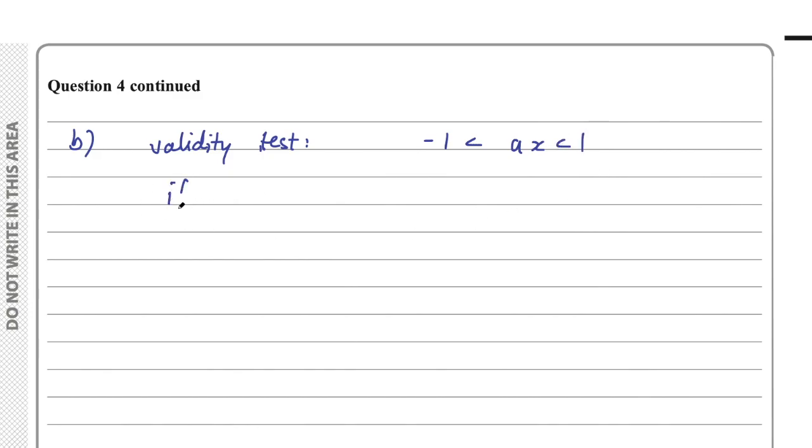So if x equals -14, ax is equal to -1/4 times -14. This is 14 on 4, 7 on 2, 3.5. This is not between -1 and 1. So x equal to -14 is invalid.